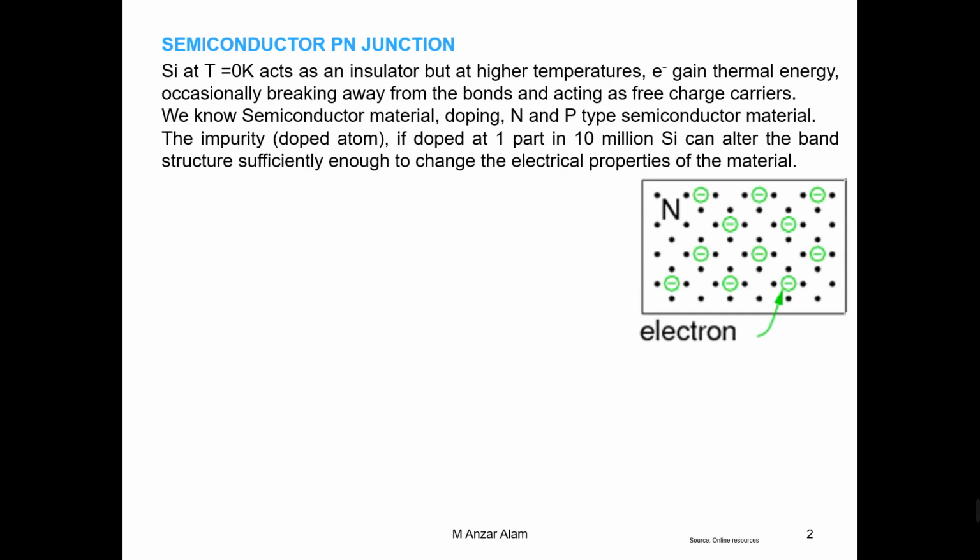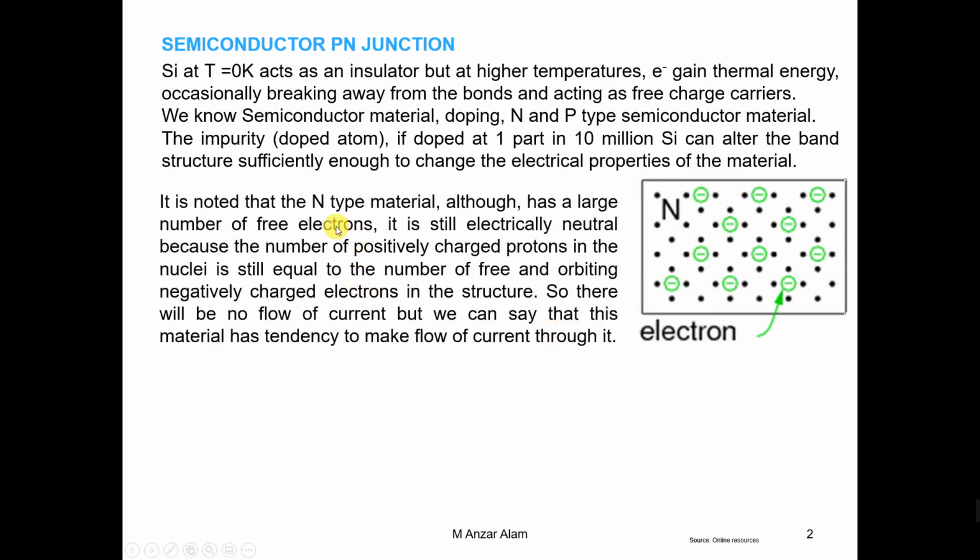As we have seen before, this is the simplified N-type material. Here, the electrons are the majority carriers. It is noted that the N-type material, although it has a large number of free electrons, is still electrically neutral, because the same number of positive atoms also exist.